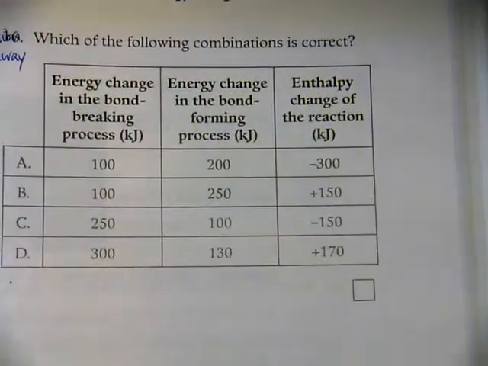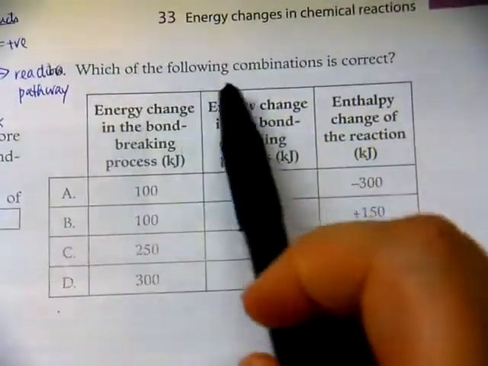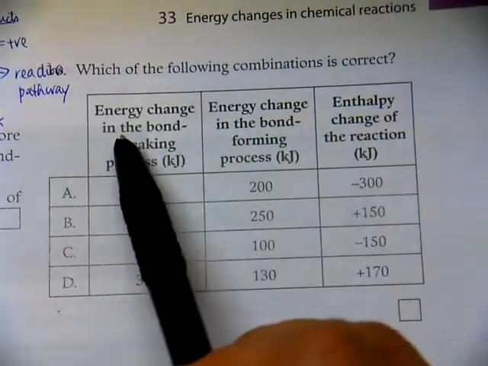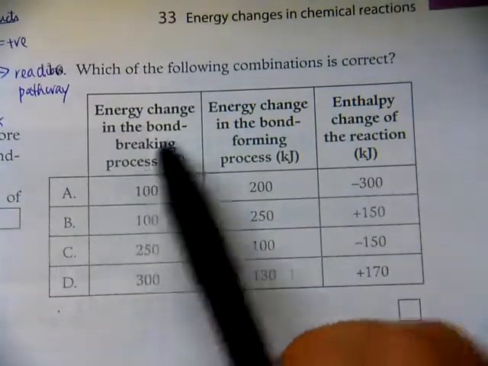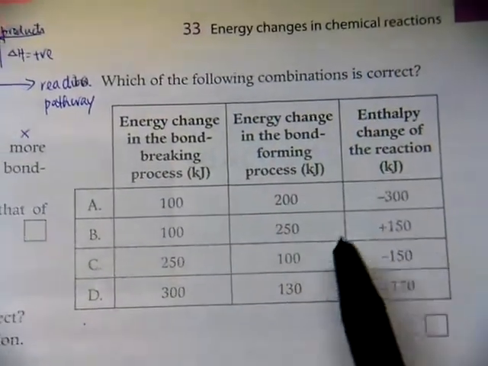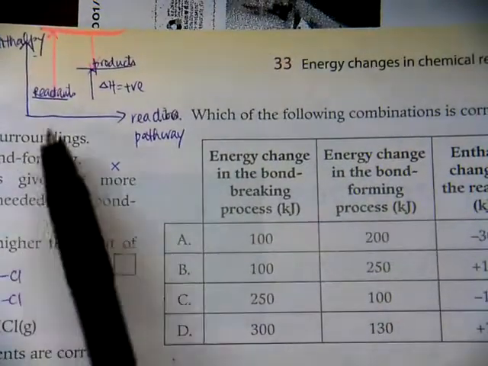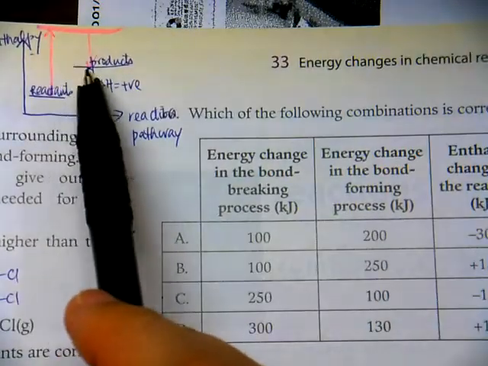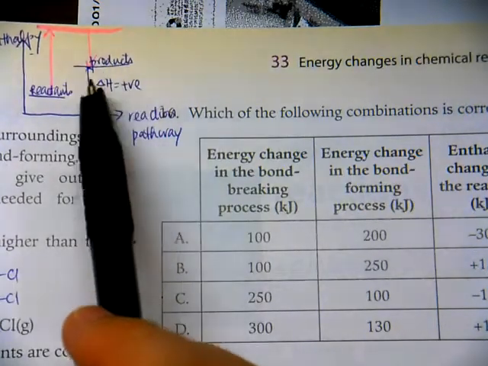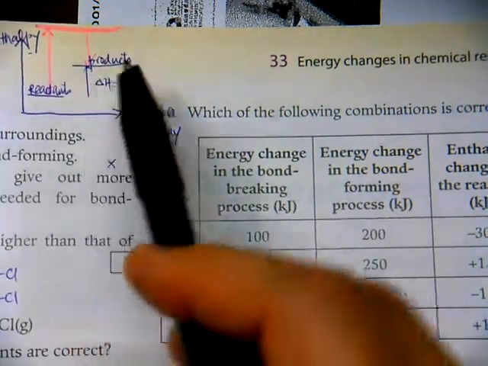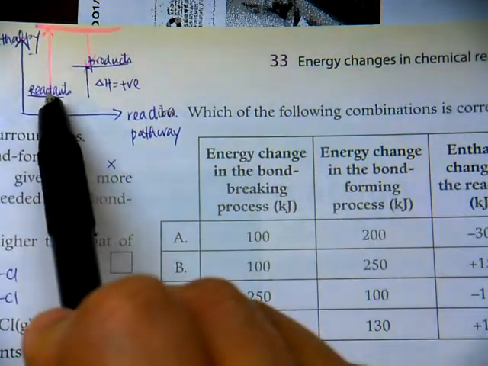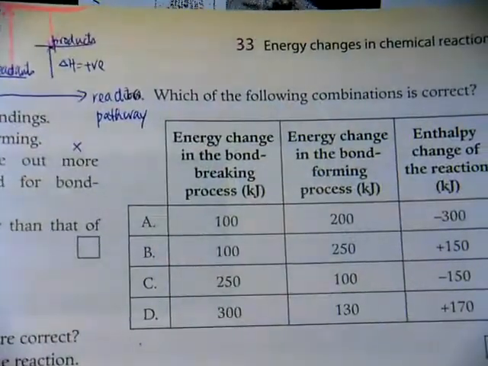Lastly, number 10. Which of the following combinations is correct? Energy change in bond breaking process, energy change in bond forming process, and enthalpy change. Now let's use this diagram again.